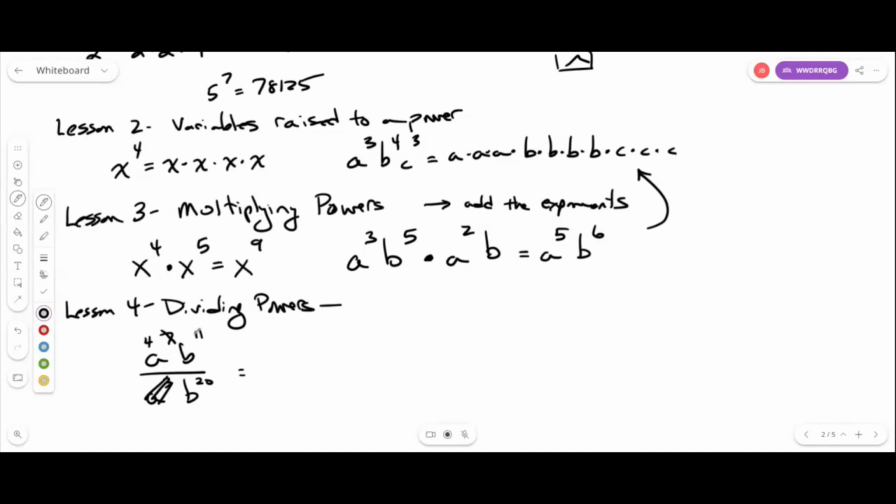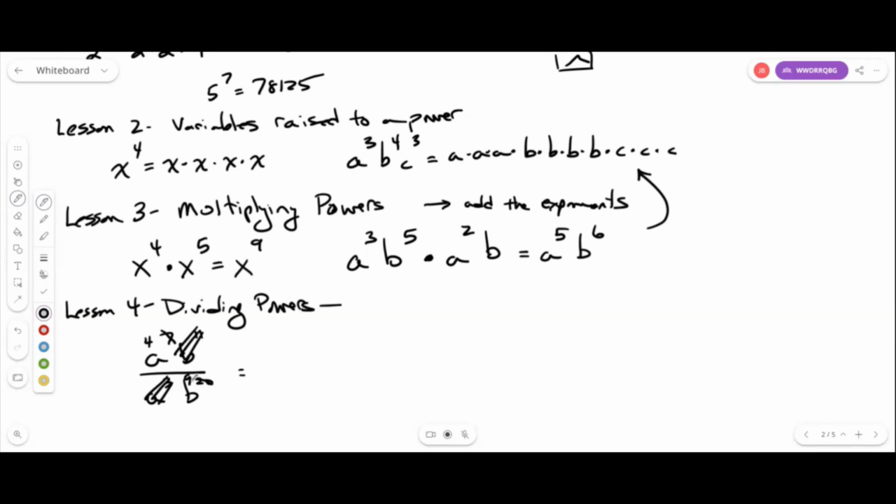And then if I have 11 b's on the top and 20 b's on the bottom, I don't want to write out all 11 b's. I don't want to write out all 20 b's and then start crossing off pairs. I know that all 11 of those are going to divide out, and I would be crossing out 11 of them on the bottom. Well, there are 20. I cross out 11 of them.